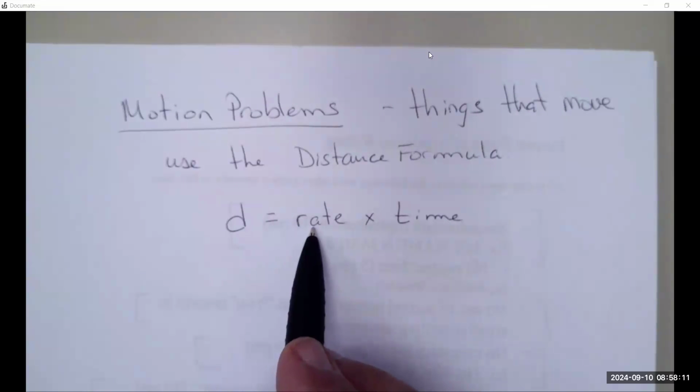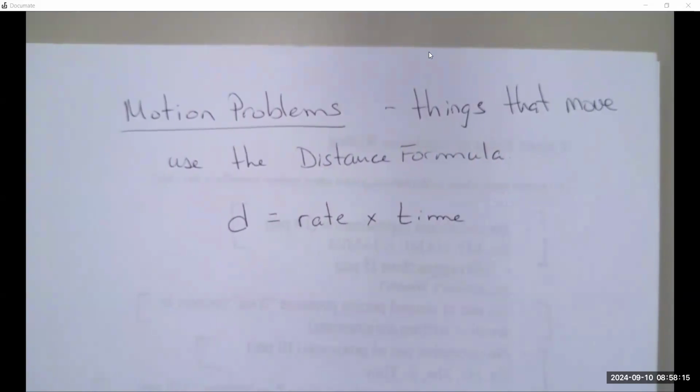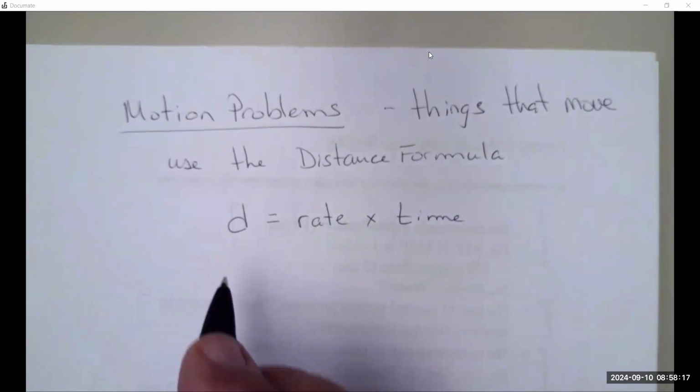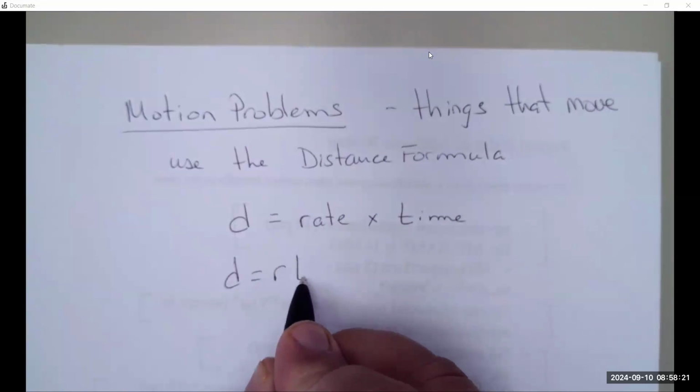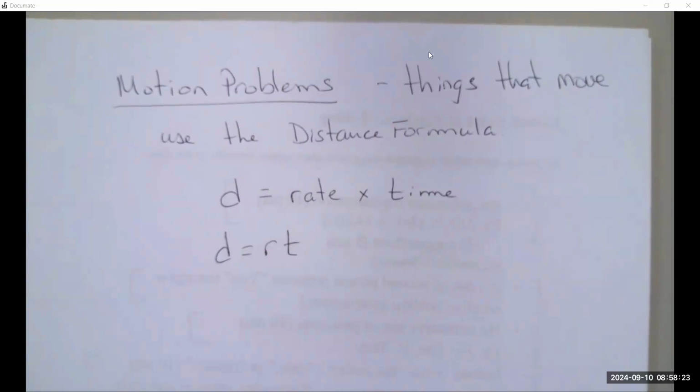So distance equals the rate, the speed of the object, times the time it moves. So D equals RT. From this equation, you can find other variables.